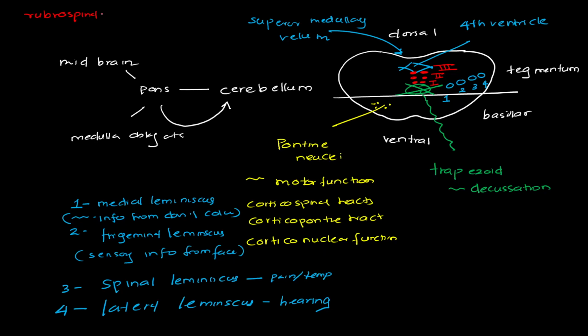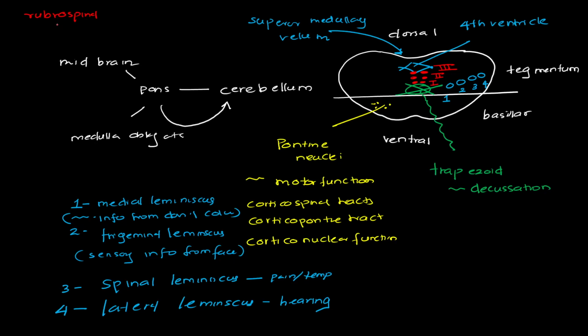Now rubrospinal, the name itself implies that it is coming from the red nucleus. What does the red nucleus do? It maintains the action of flexors. Now, in our body, mostly the flexors are in better contraction than the extensors. This is made sure by the fibers flowing in constantly from the red nucleus.